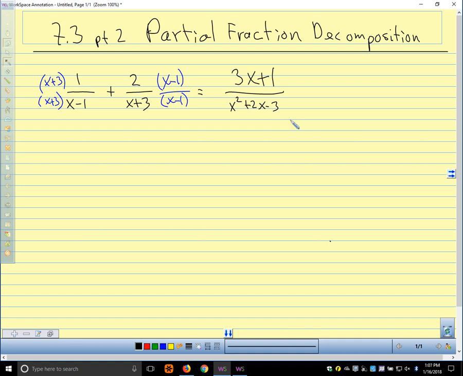Well, what we want to do today is we go the other direction. We want to start with 3x plus 1 over x squared plus 2x minus 3. And we're going to do this process, a wiggly line means process, that we call partial fractions.